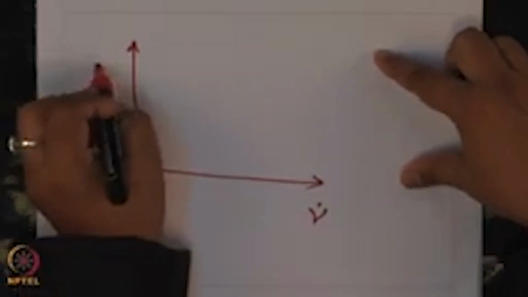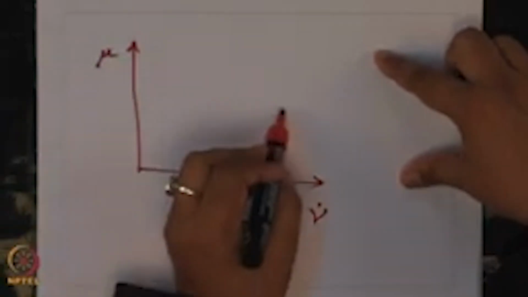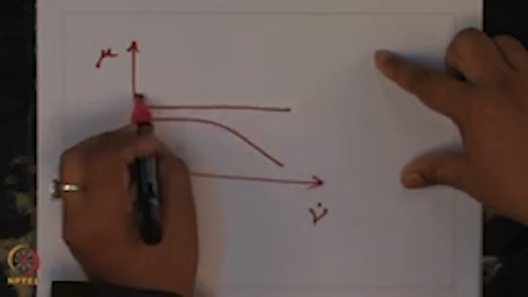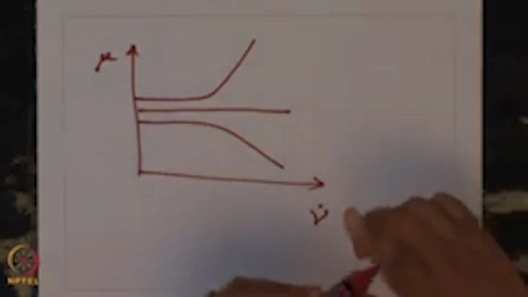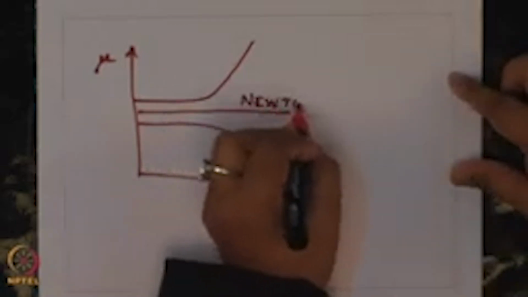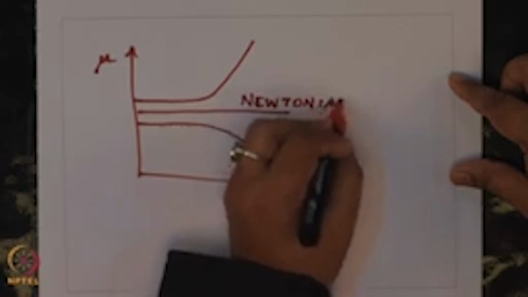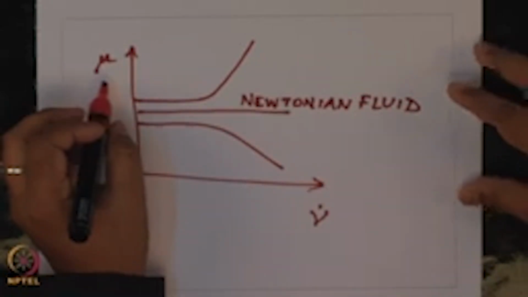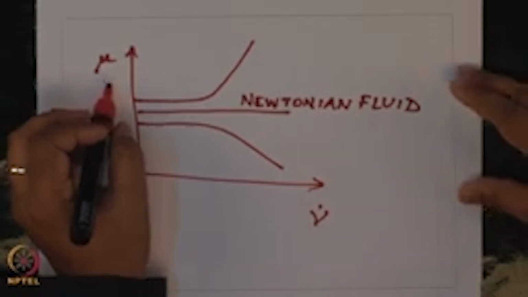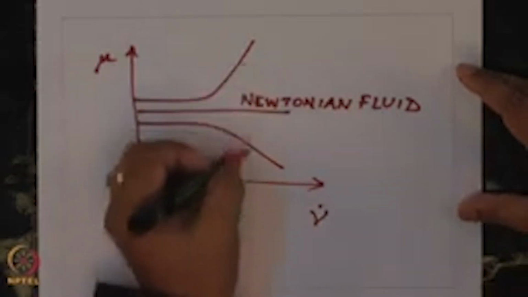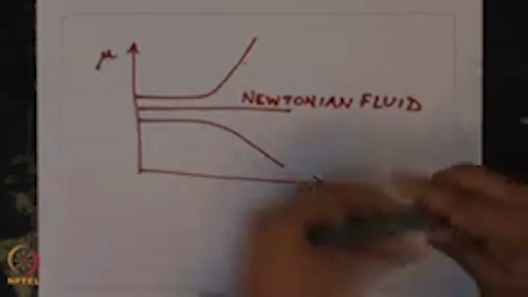So, you have gamma dot, you have mu or the viscosity. You might have three different responses. This is a Newtonian fluid, because when mu is constant, it does not exhibit any dependence on gamma dot. Both of these other fluids are non-Newtonian.